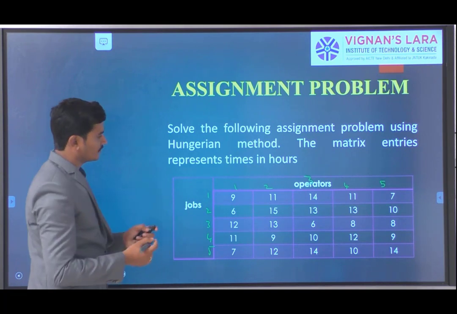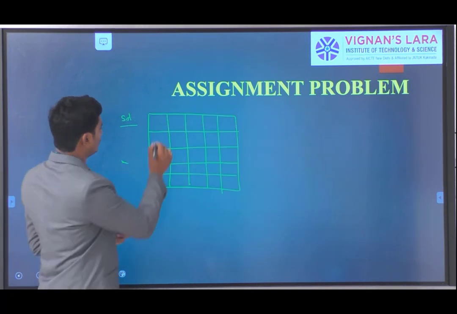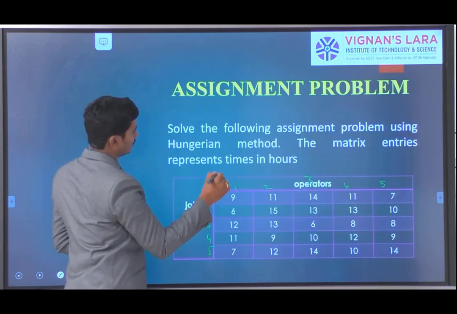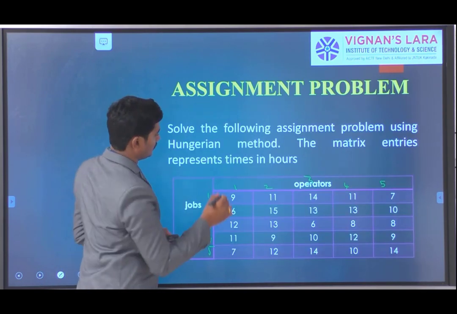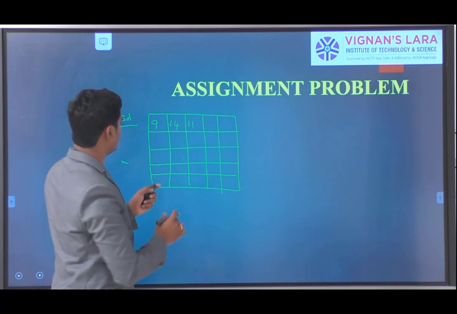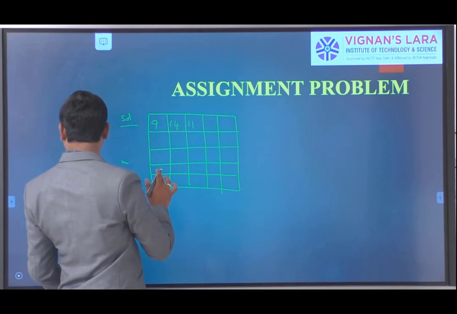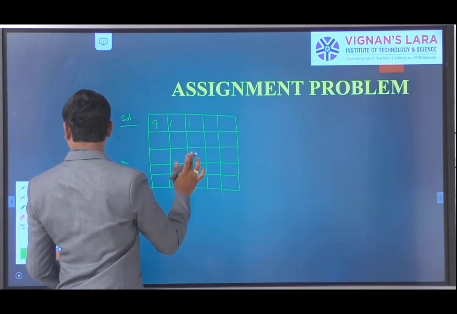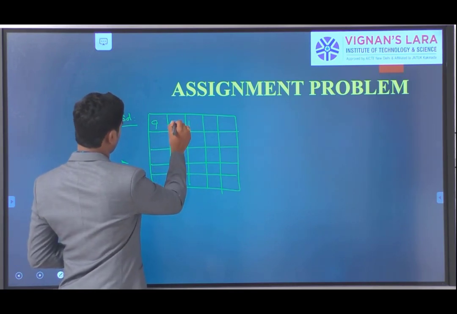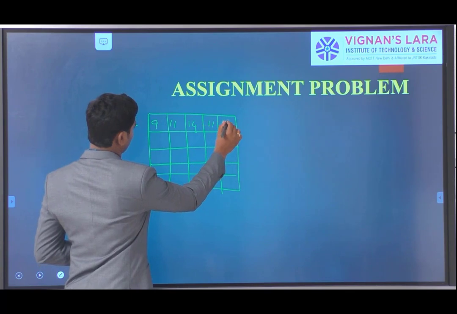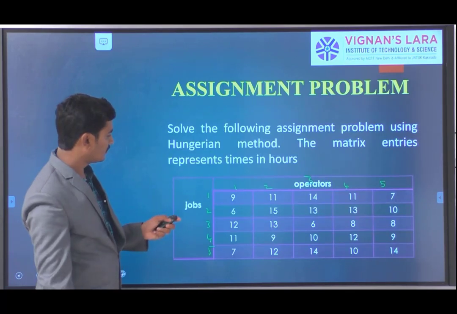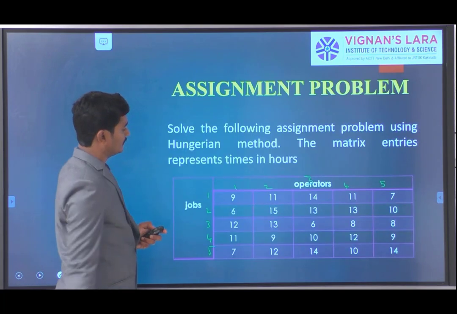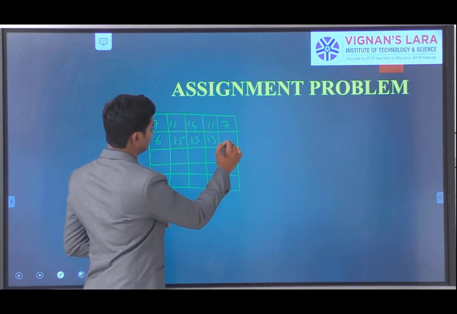For the first row, the values are 9, 11, 14, 11, 7. Second row values 6, 15, 13, 10.